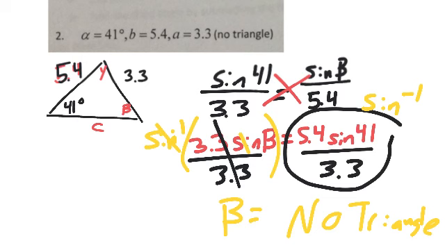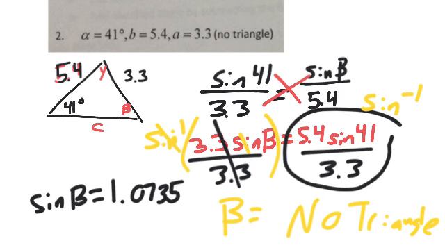So if I put back in 5.4 sine of 41 divided by 3.3, I get 1.073. So what we're saying is sine of some angle has to be 1.0735. Think back to when we graphed sine waves.